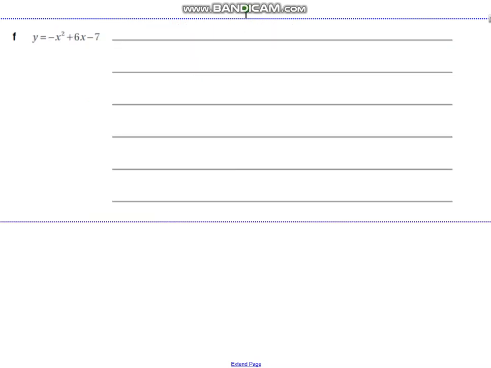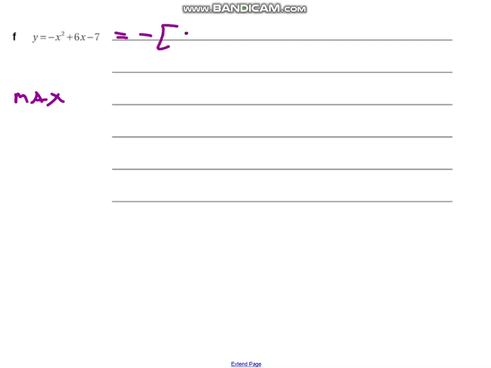Right, on we go. This one, it's a negative one here, so that does mean it's going to be a max, and then we can just work it out. Again, we're going to have to do a little cheeky factorising of the minus 1 out. X squared minus 6x minus 7, so we'll just complete the square inside the square bracket.